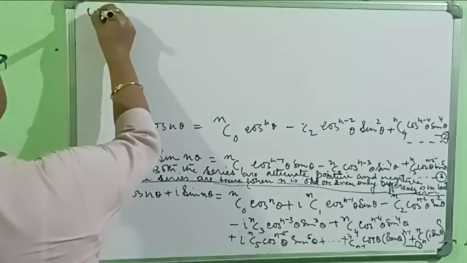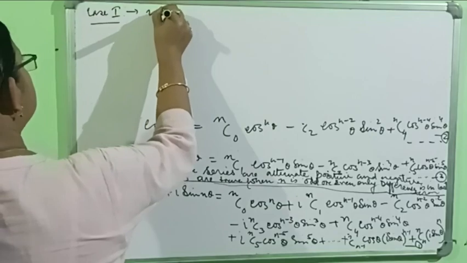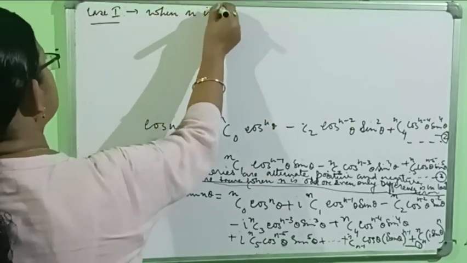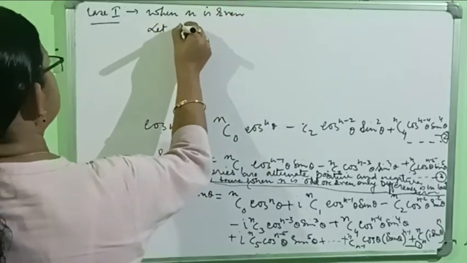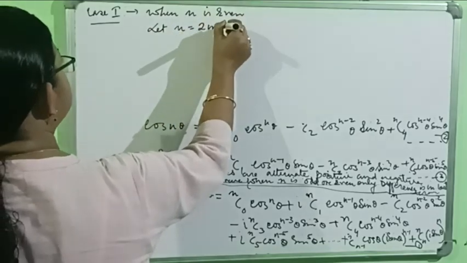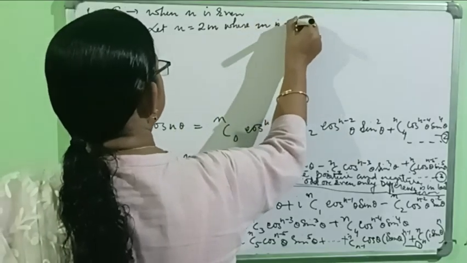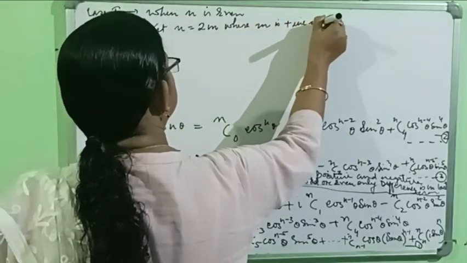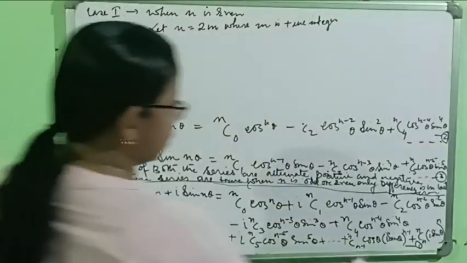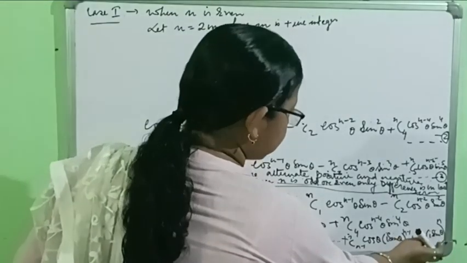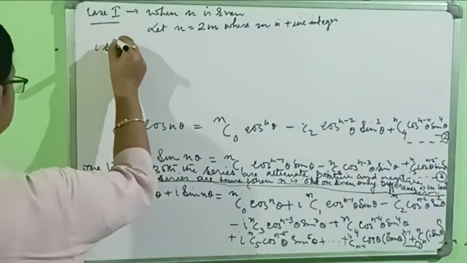Case 1: when n is even. Let n be equal to 2m, where m is a positive integer. The last term here is this one, i^n sin n theta, so I will find the value of this.